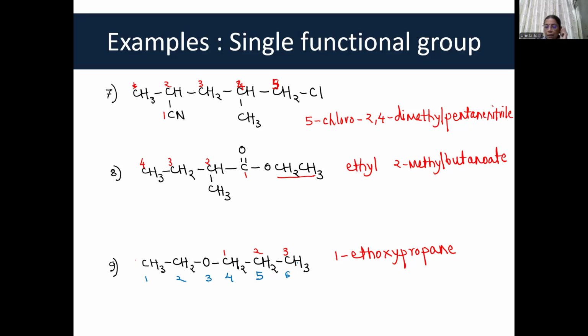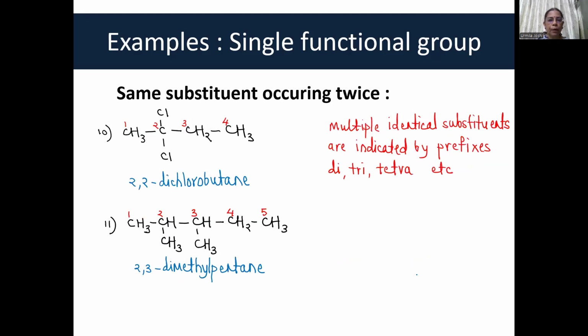So it becomes hexane. But at 3 position, there is no carbon. There is oxygen. So 3-oxa. Oxa indicates oxygen. 3-oxahexane. That is also an allowed name, or 1-ethoxypropane is also allowed.